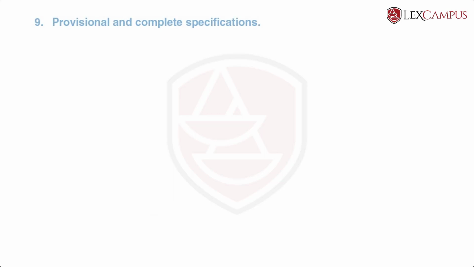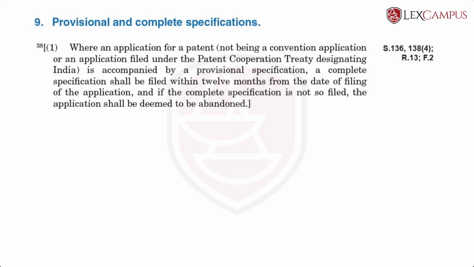Now Section 9(1) tells that where an application for a patent, not being a convention application or a PCT application, those are international applications, so this provision excludes international applications, is accompanied by a provisional specification, a complete specification shall be filed within 12 months from the date of filing the application. So if a provisional is filed, within 12 months a complete has to be filed, and if the complete is not filed, the application shall be deemed to be abandoned.